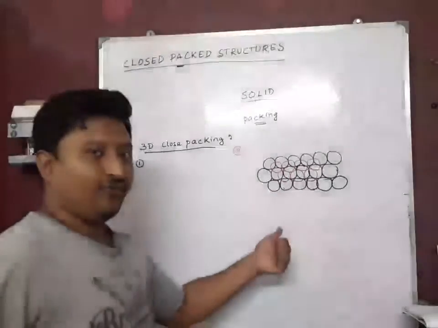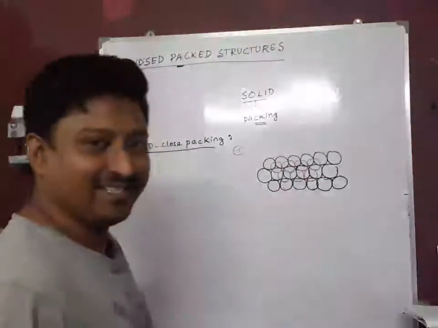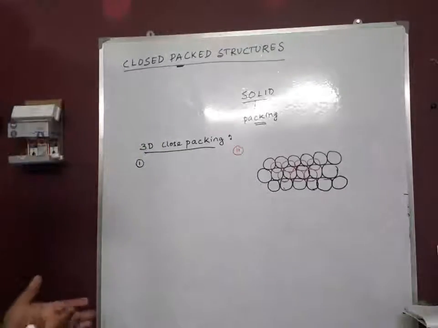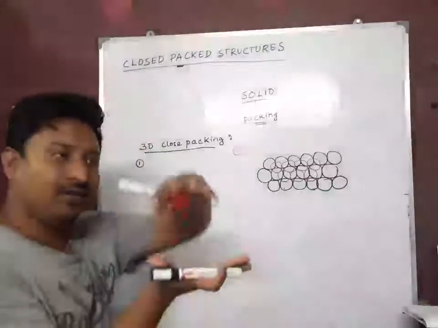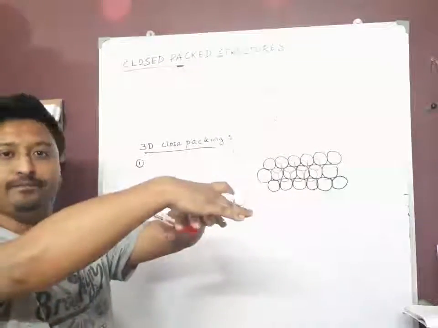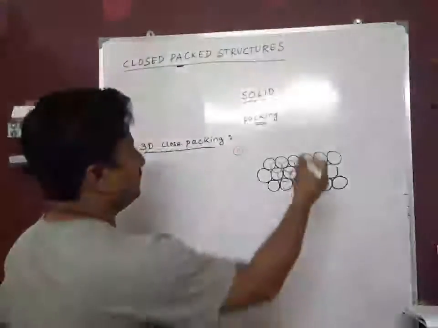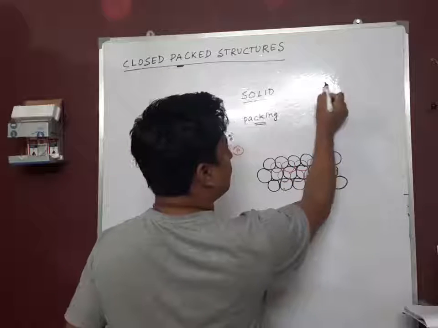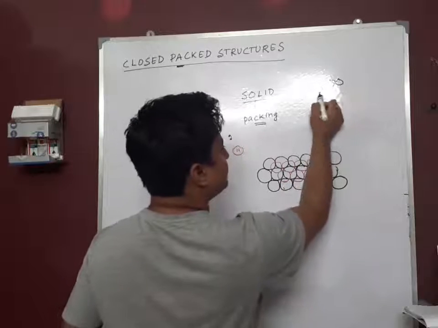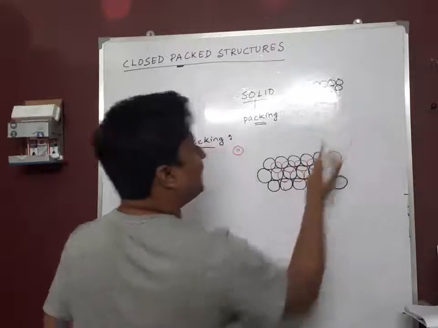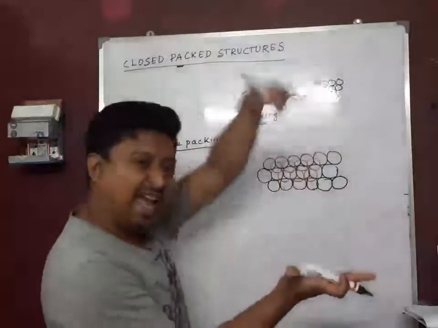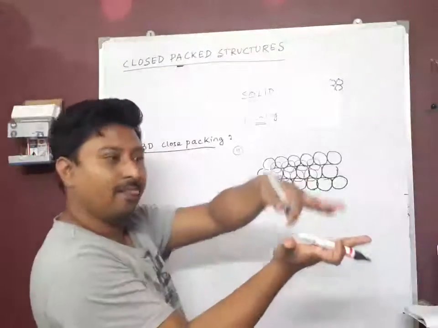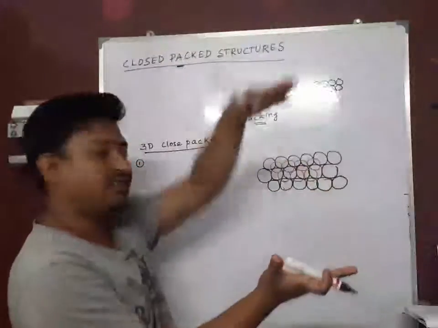Sorry, I needed to draw this, so it actually takes time. So in case of 3D close-packed structures, what is 3D? Nothing but 2D with 1D. Like what we said, this is our 1D arrangement, this is our 2D arrangement, and above this 2D you are putting another one dimension, so it becomes a layered structure.